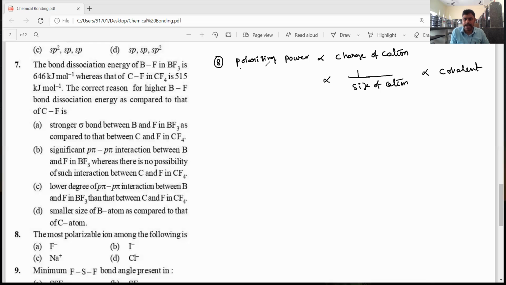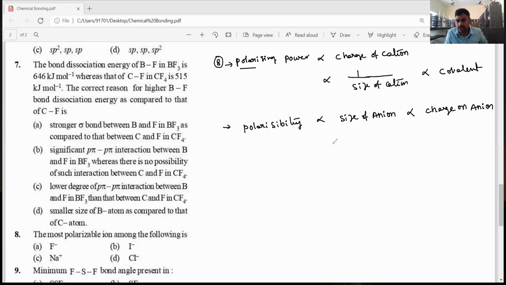The second one is for anions, that is polarizability. Polarizability is directly proportional to the size of the anion. Size of the anion is also directly proportional to the charge on the anion, because as the negative charge increases, the size of the anion also increases. It is directly proportional to covalent nature and inversely proportional to ionic nature.